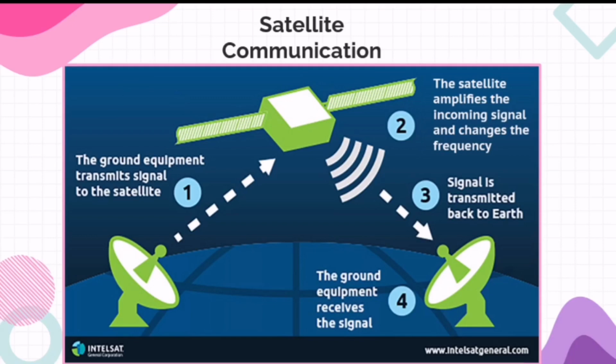So, in this picture, you can see that a ground equipment is used to transmit signals to a satellite that will amplify that signal and will return it to the earth to be received by another ground equipment. Ito po yun. Ayan.